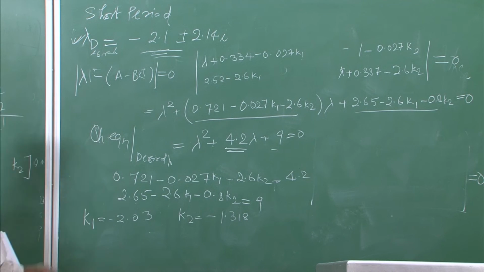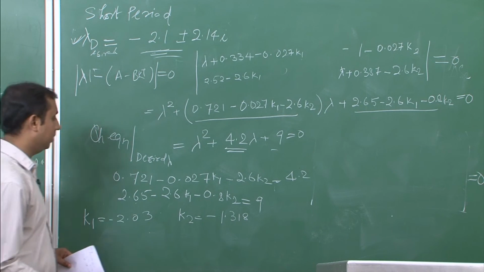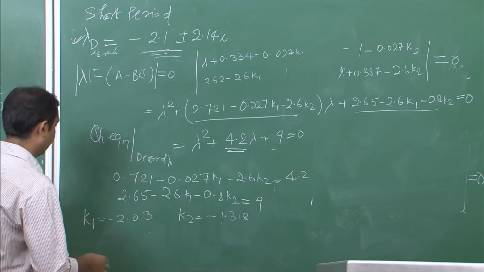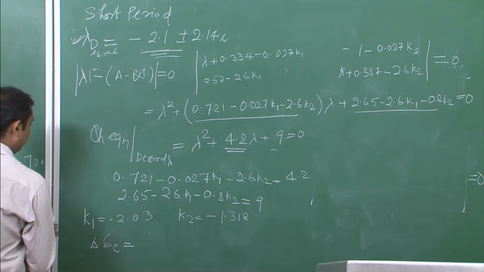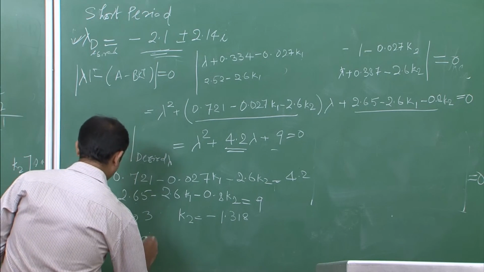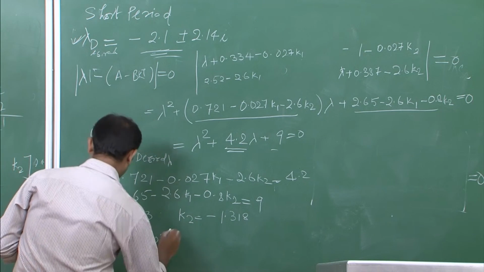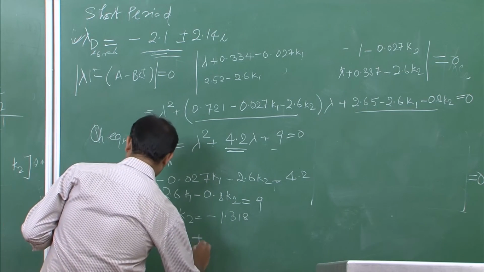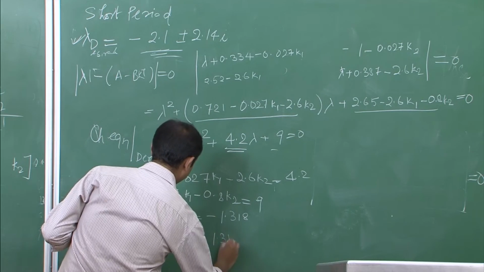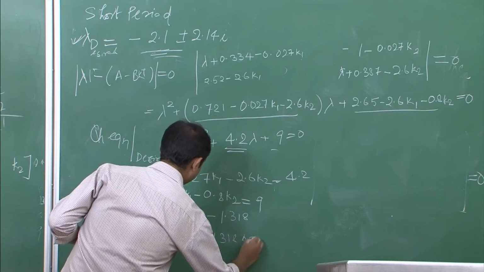So your delta E in terms of K1 and K2 and state variables alpha and q will be written as delta E equals 2.03 delta alpha plus 1.318 delta q.